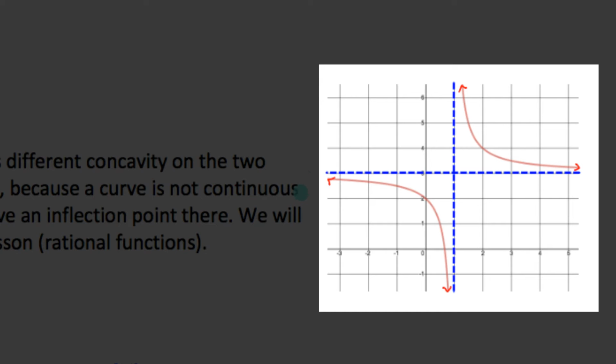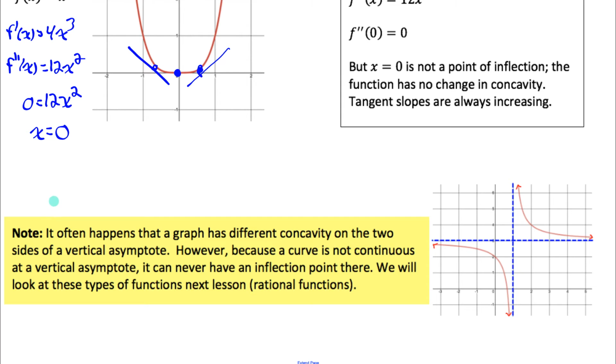So there is a change in concavity around the vertical asymptote. But there is no point of inflection here because the function doesn't exist at the vertical asymptote. So if we read this, it often happens that a graph has different concavity on the two sides of a vertical asymptote. However, because the curve is not continuous at a vertical asymptote, it can never have an inflection point there. We'll look more at those type of functions in the next lesson.